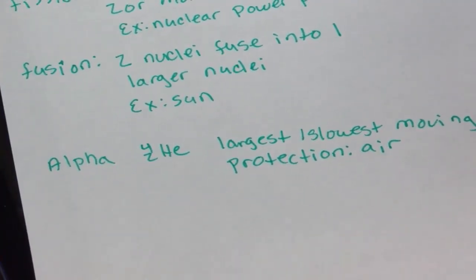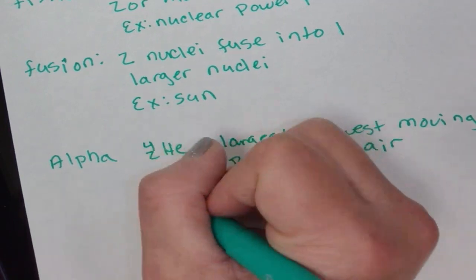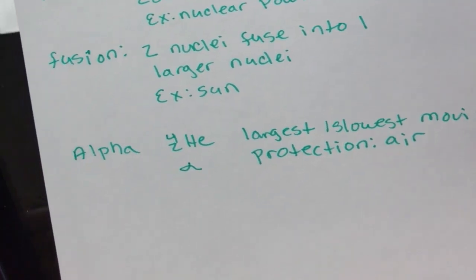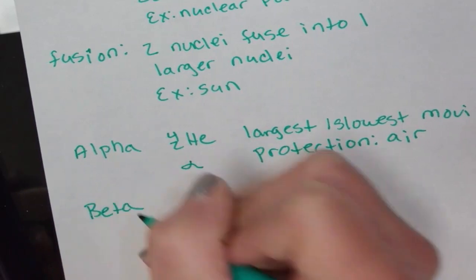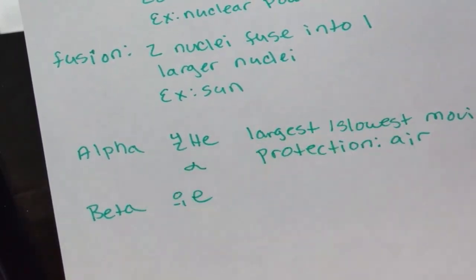You may also sometimes see an alpha particle written with a symbol that looks kind of like a fish. Sometimes you see alpha written that way. A beta particle is essentially an electron.